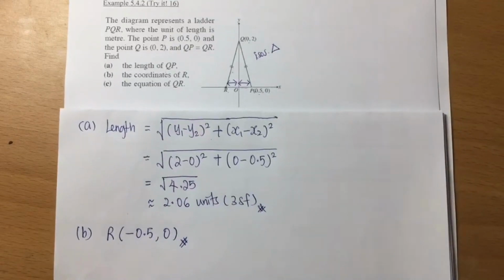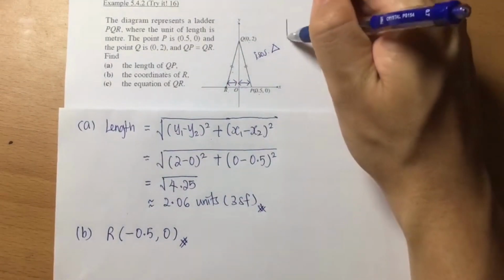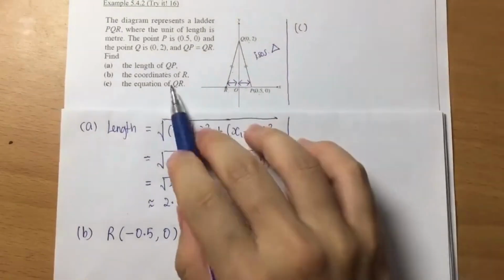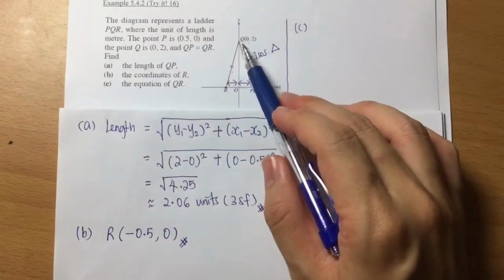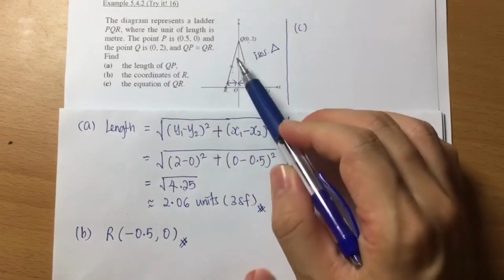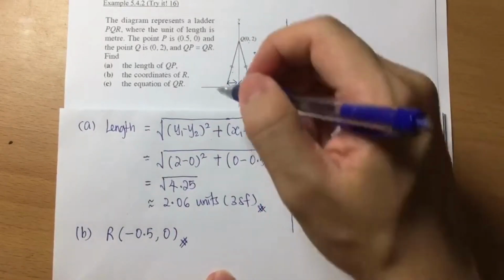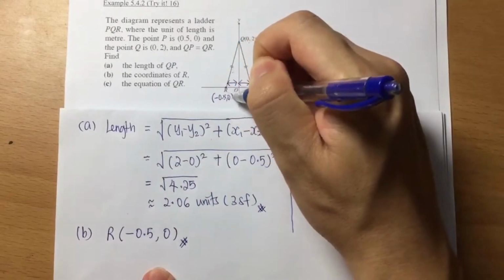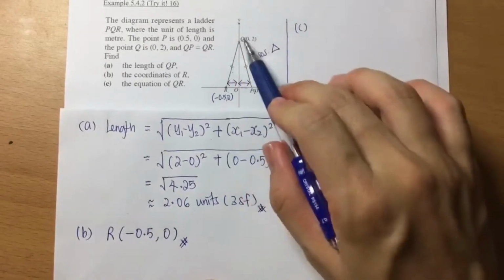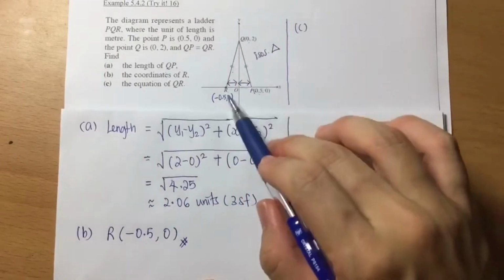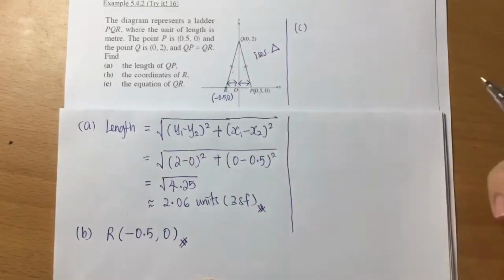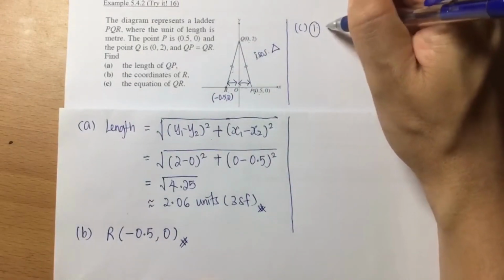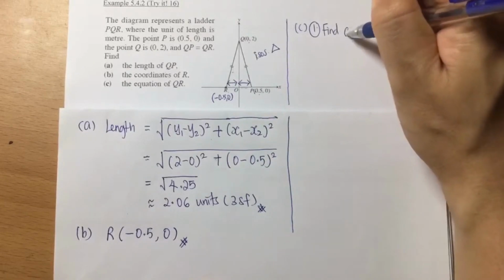And for part C, find the equation of QR. Now that I have the coordinates, to find the equation of QR, usually we first need, step 1, to find the gradient.